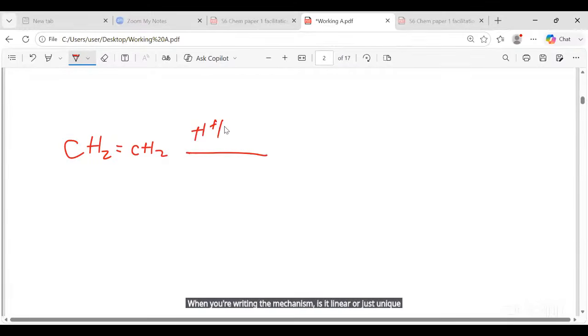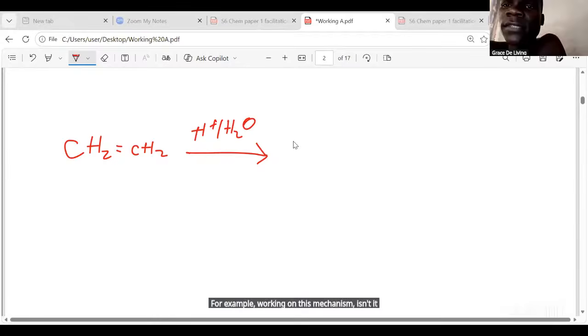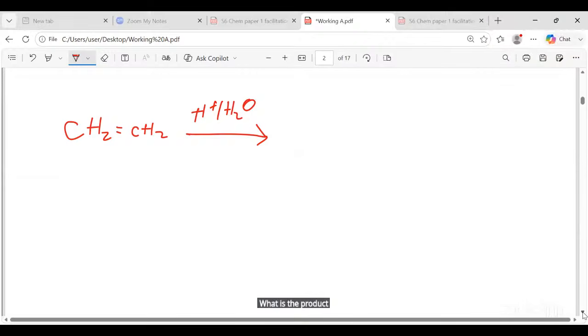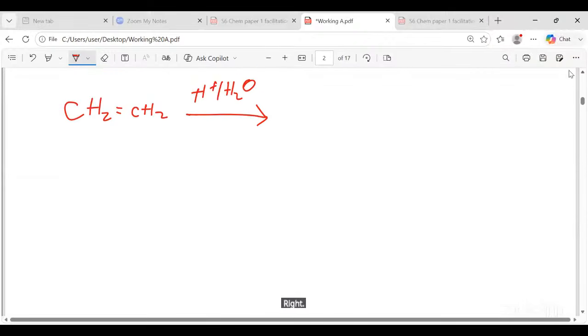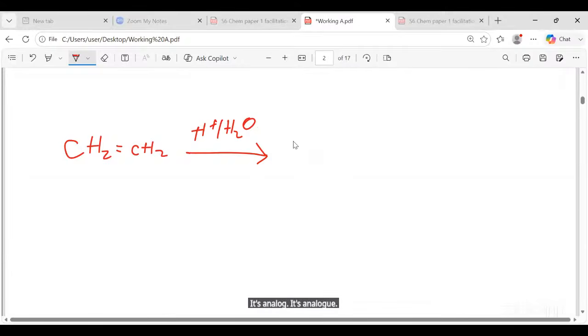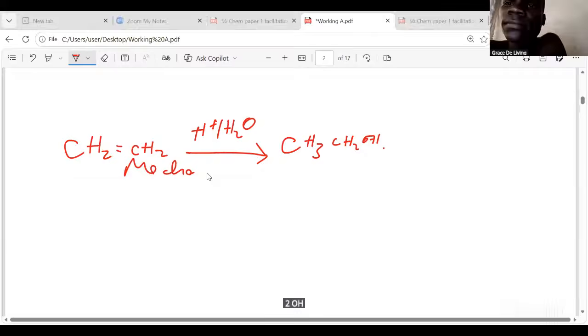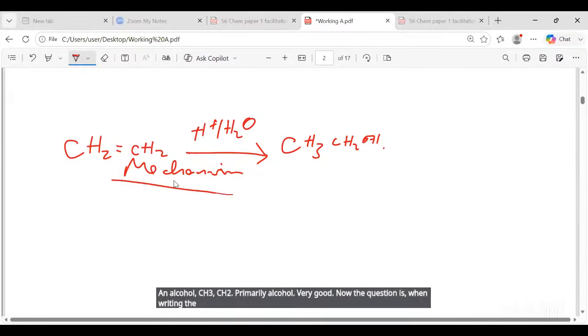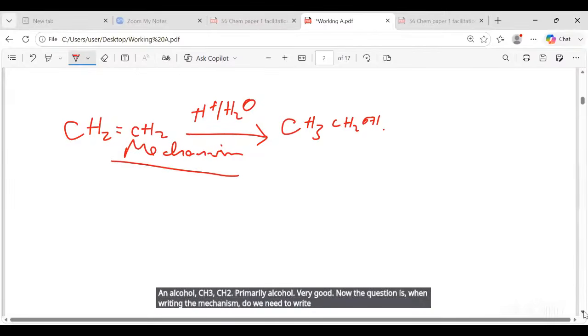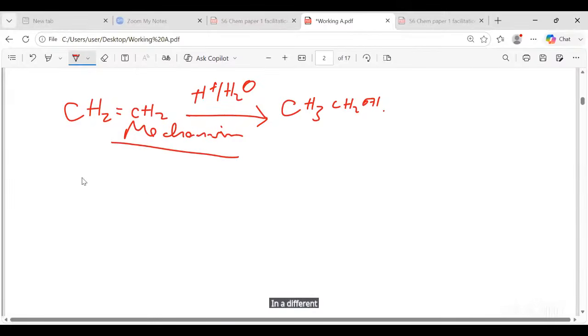For example, you're working on this mechanism, isn't it? What is the product? It's an alcohol. CH3CH, primary alcohol. Very good. Now the question is, when you're writing the mechanism, do you need to write in different steps, or can we have it in a linear form?